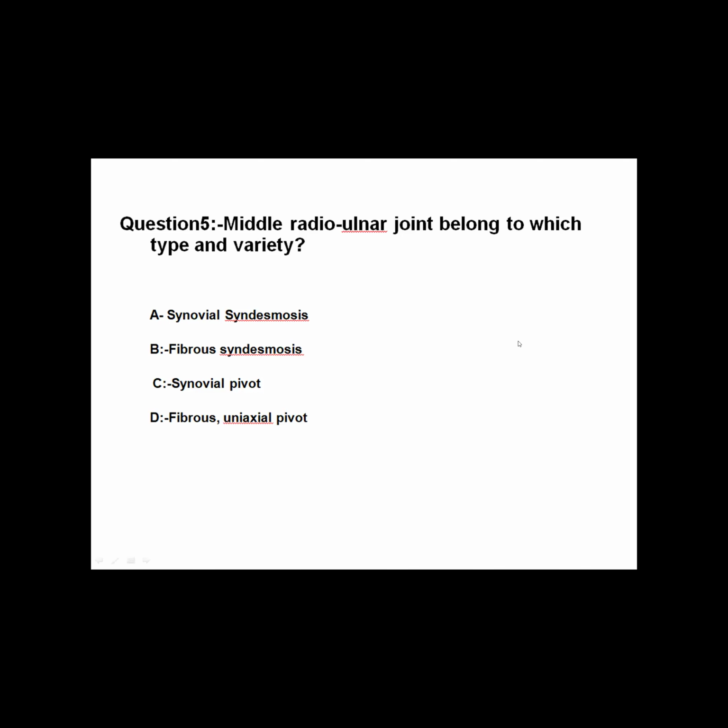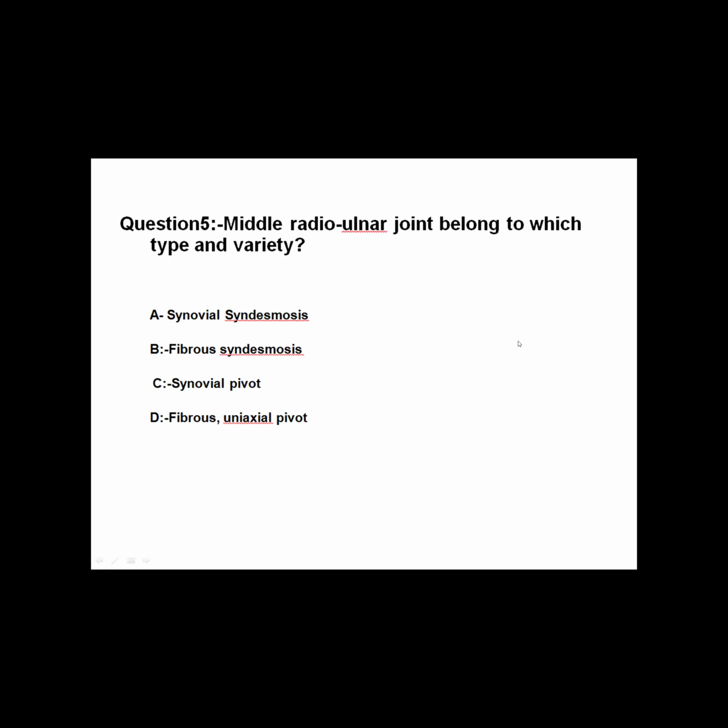You see, it is a joint between the radius and ulna in the middle part of the forearm, right? In the forearm we have these two bones, radius and ulna. In simple words, it is not a typical moving joint.